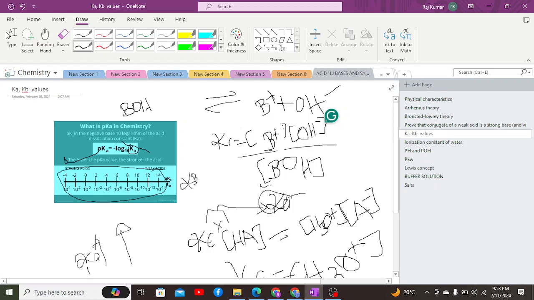And Kb is the base dissociation constant. Now Kb is equal to Kc into BOH, just like Kc into HA is Ka, and Kc into BOH is Kb. Here B represents the base part.